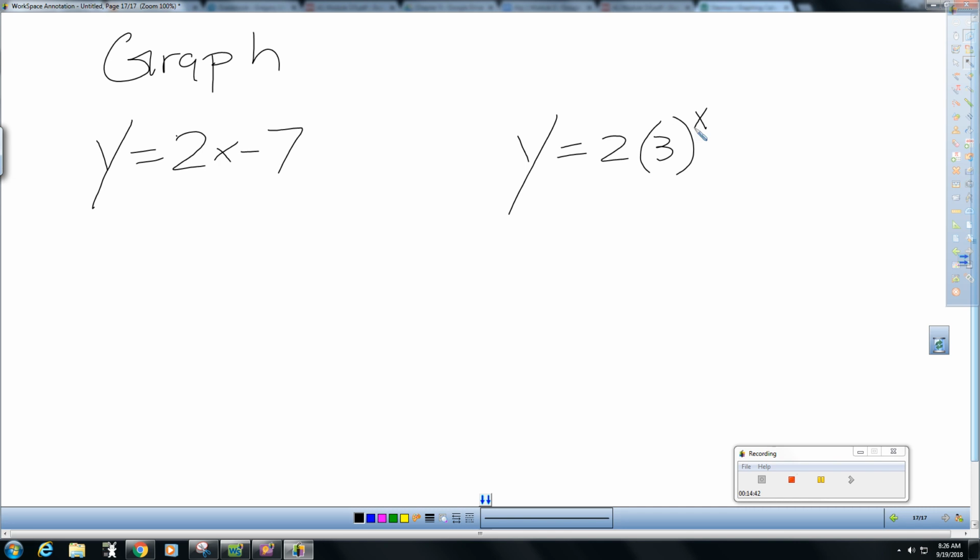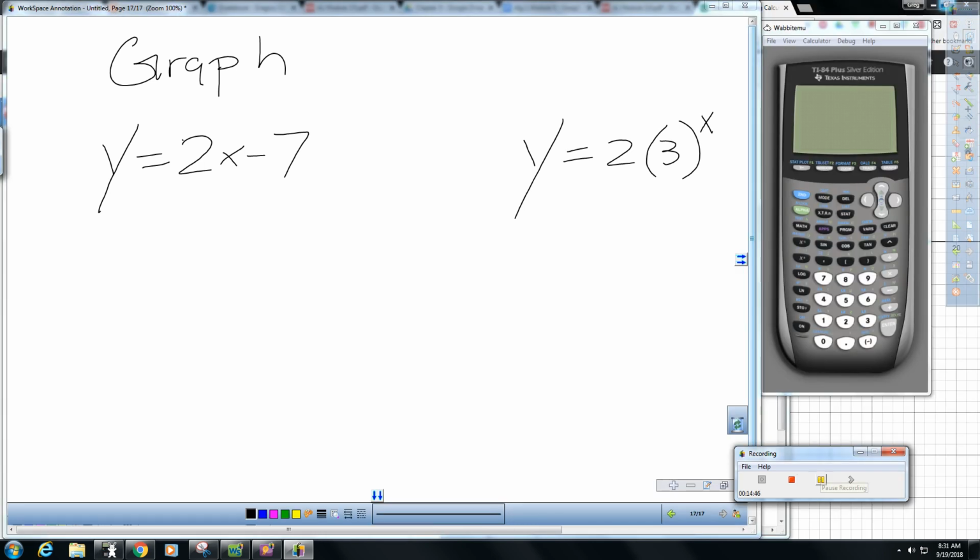So pause the video for a second. Okay, so really the more useful thing is your table. So if I go y equals 2x minus 7. Okay?